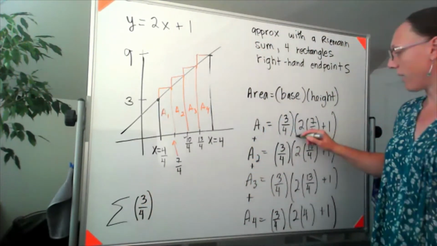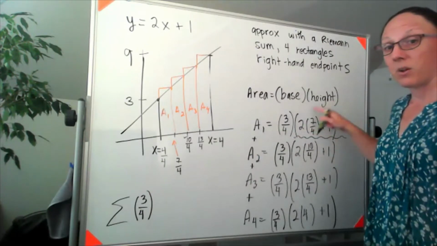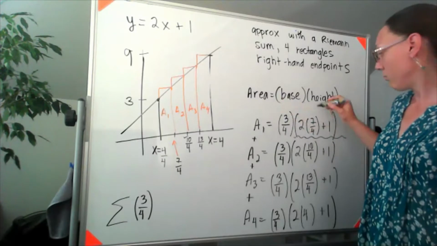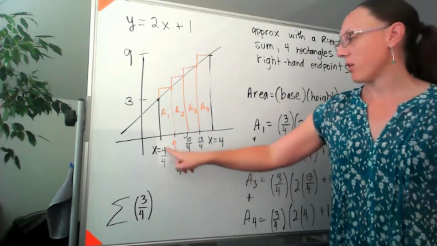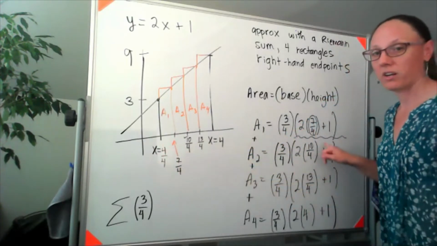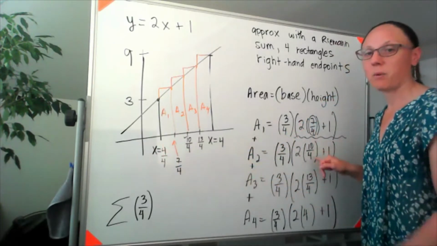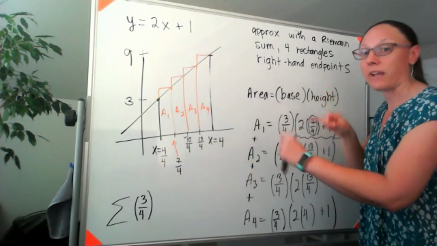And to describe what we're doing here to get the height, this 7/4 came from starting at 1 and moving 3/4 over. The 10/4 meant we started at 1 and moved 3/4 over twice.